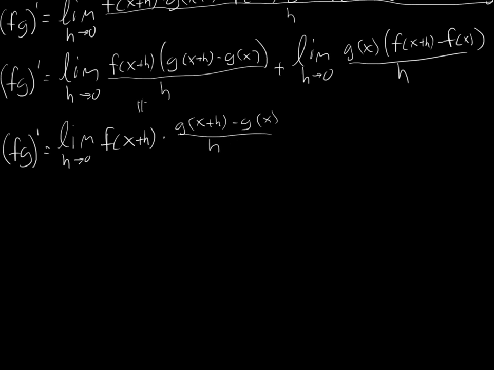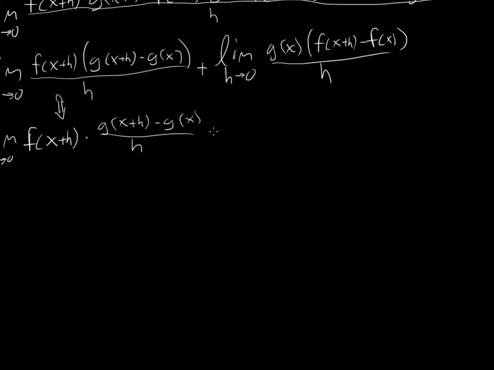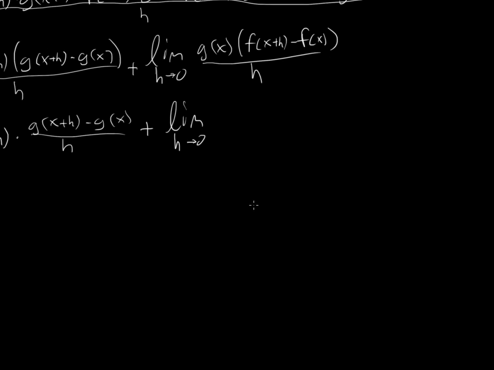This right here is the exact same thing, plus the limit as h approaches 0. I'm doing the exact same thing right here, g of x times f of x plus h minus f of x, all of that over h.